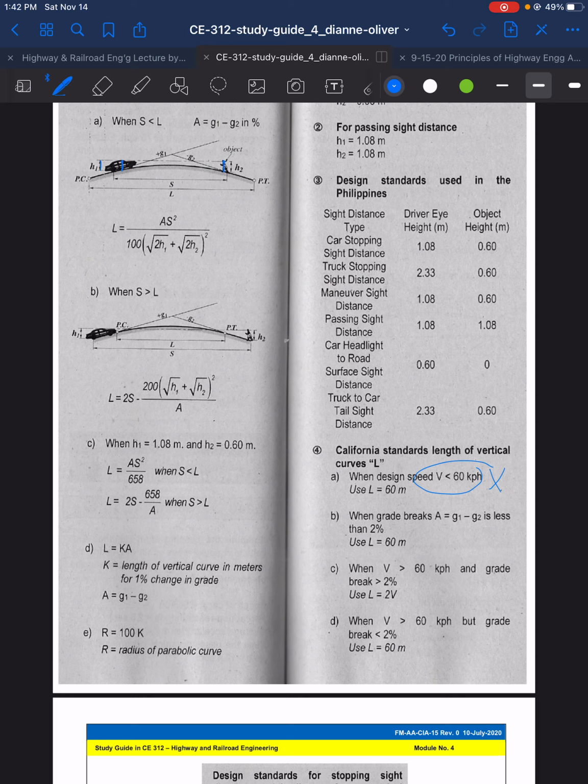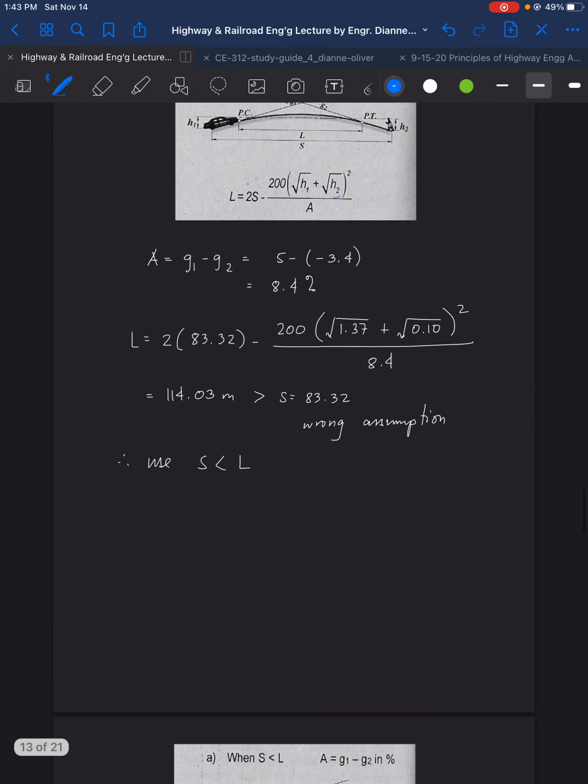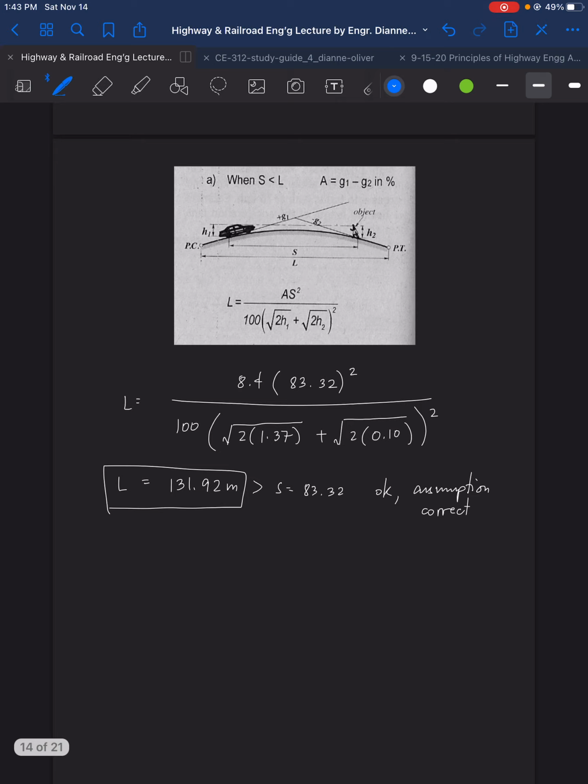Our A in the problem is 8.4, so letter B does not apply also. Therefore, the final answer for L is 131.92. So this is the correct L.